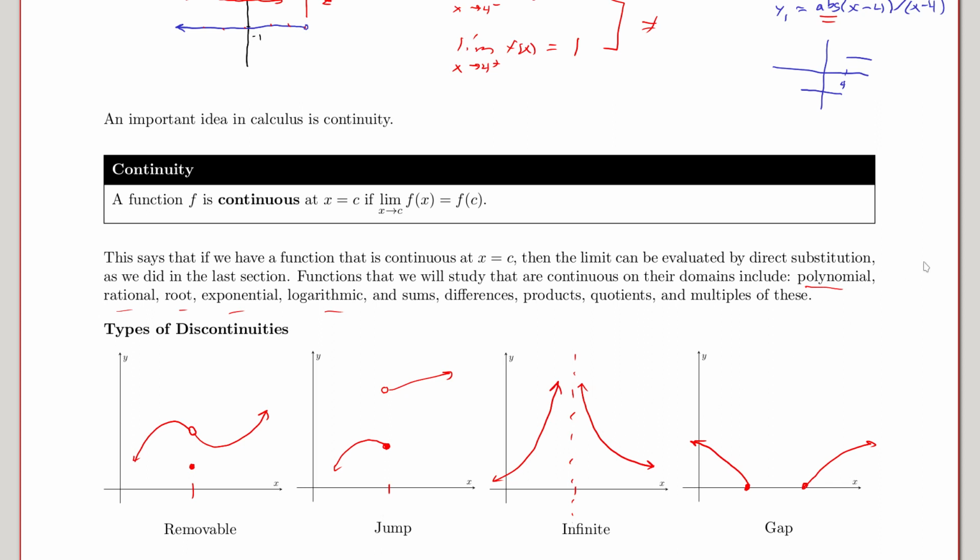And for the infinite discontinuity, we could even have the scenario where, and I think we had a graph similar to this in the last section, we were only asymptotic on one side, and then we had a curve over here. In this case, the function's defined, but the limit still doesn't exist. And we would still call it say a left-sided discontinuity.